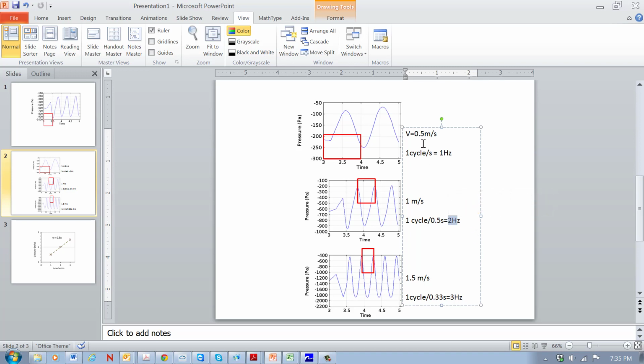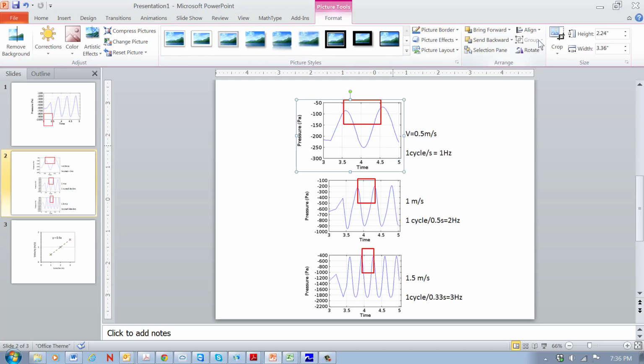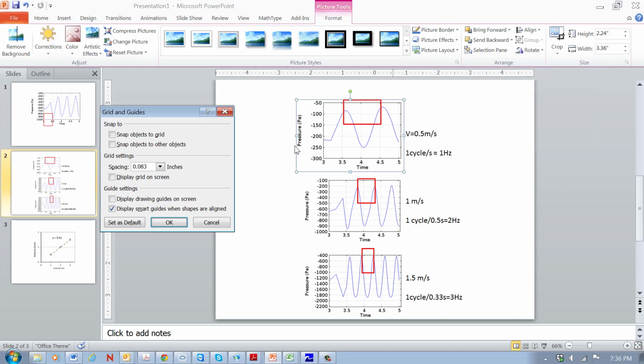So I did a slower flow of 0.5 meter per second, and this is the pressure fluctuation for 0.5 meter per second, and that lines up like so. See how it kind of jumps around like that? What you want to do to get a little more accurate assessment is to go in here under picture tools to align and the grid settings.